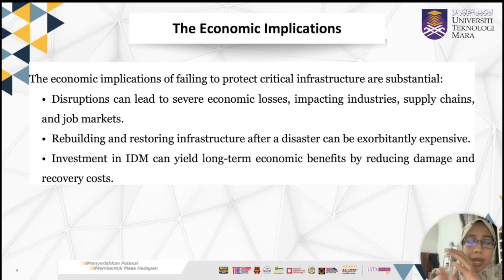Then we have the economic implication. Of course, when everything happens, especially when it involves repairing and recovering, it involves money, so it leads straight to economic implications. Disruption can lead to severe economic losses, impacting industries, supply chains and the job market.